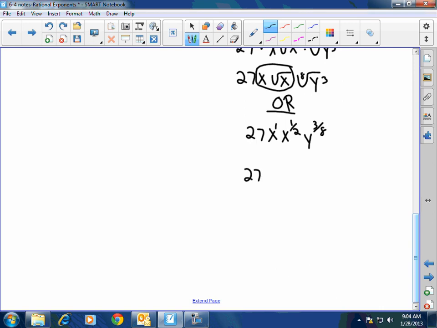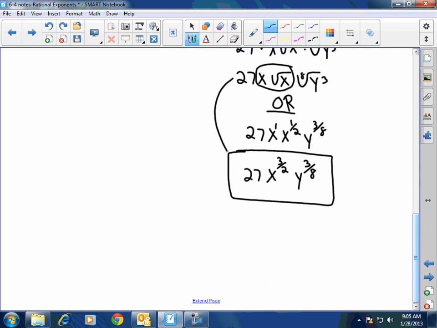X to the 1 times x to the 1/2 is x to the 1 1/2, which is x to the 3 halves times y to the 3/8. And finally, if you wanted to put that in radical form, it'd be 27 square root. No, you don't want to put it in radical form because then you're going to go ahead and reduce again. Yep, this is the final answer right here, my friends. This or this simplified, either one.